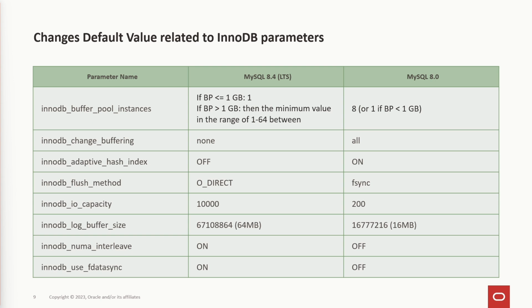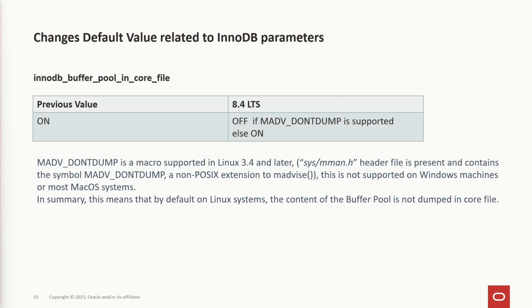So I will introduce them one by one. The first one is InnoDB buffer pool in core file. Some of these changes try to fit modern hardware, since nowadays many hardware platforms support new features on Linux, so we fit to them.